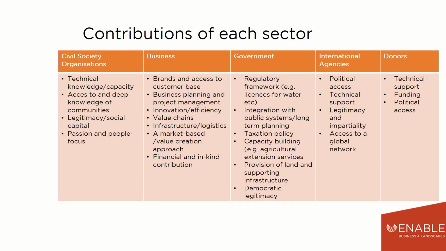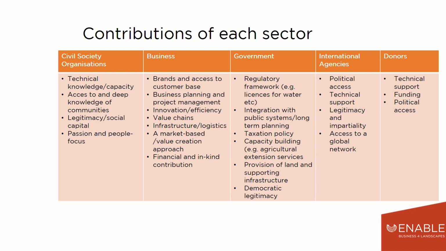To give you a bit of an idea of what to expect from potential partners, here's an overview of what the different sectors can typically provide. Please note that this is in no way a rigid classification, and that in real life exceptions will occur.